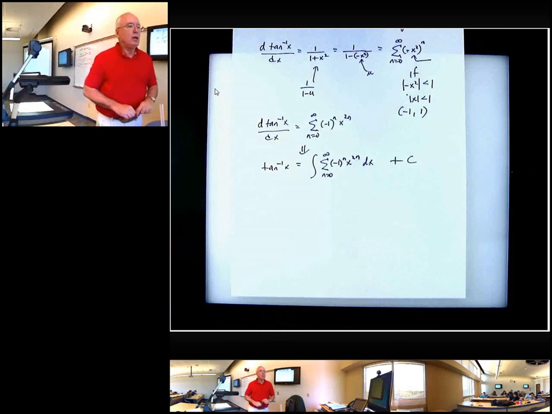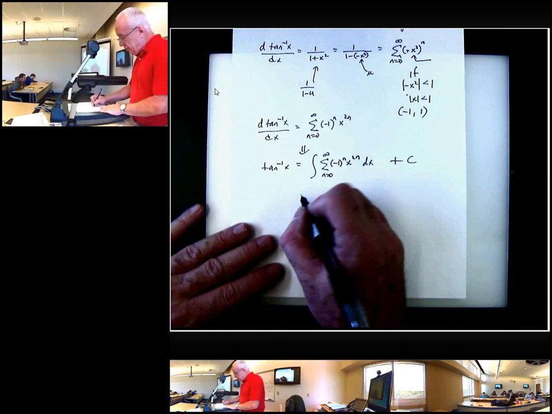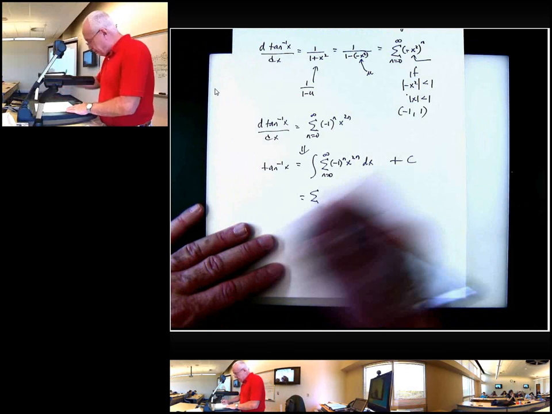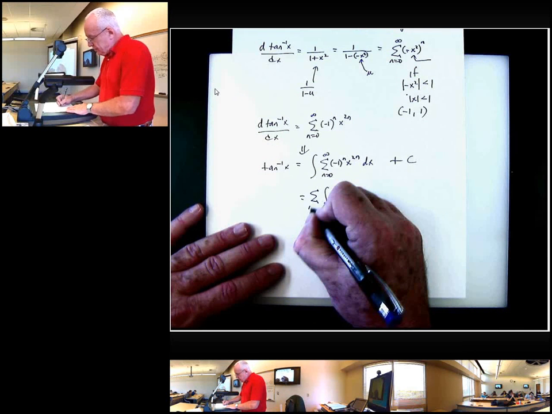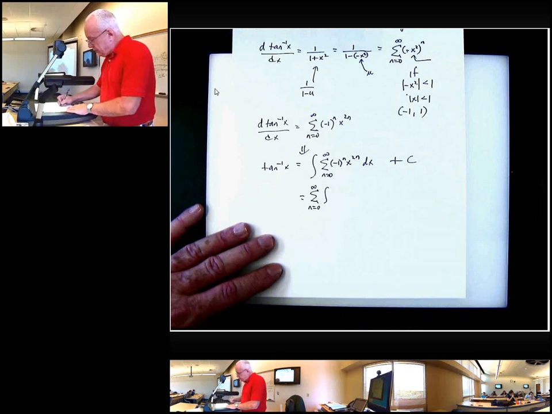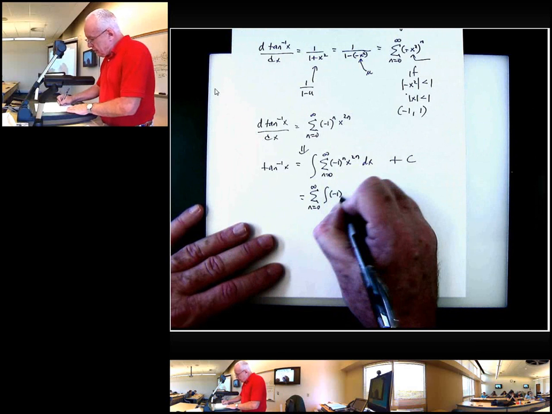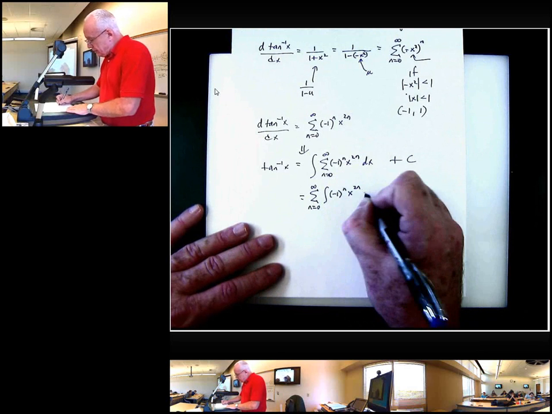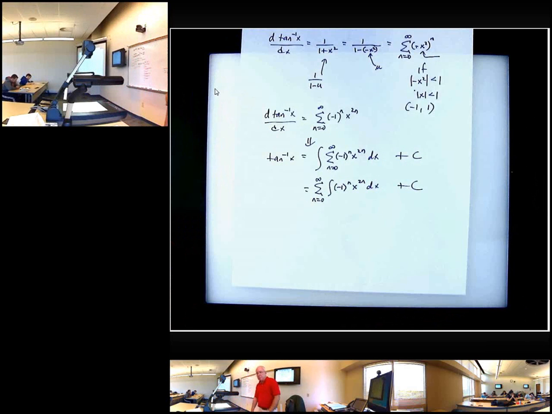Right? Okay. So this hopefully should not be a difficult antiderivative. So actually I can put the antiderivative or integral inside. So I have the summation from 0 to infinity of the integral of minus 1 to the n, x to the 2n dx, plus our c. Okay. Right?